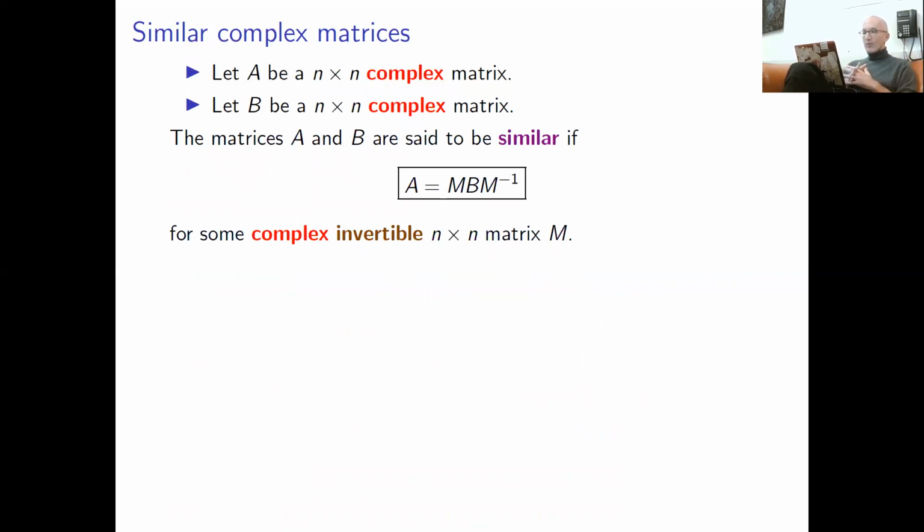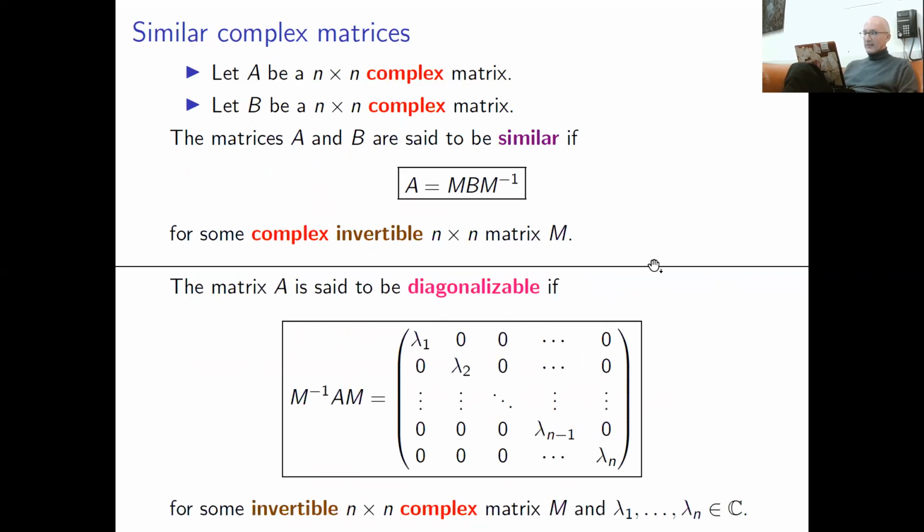Next, we can define similar complex matrices. This is just a copy-paste of the definition for real matrices. Two complex matrices are said to be similar if they are related by this equality: A equals M times B times the inverse of M, for some invertible complex n times n matrix M. And we say that a complex matrix is diagonalizable if and only if it is similar to a diagonal complex matrix.